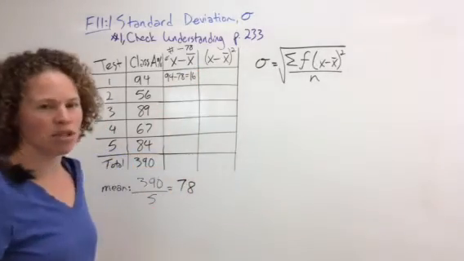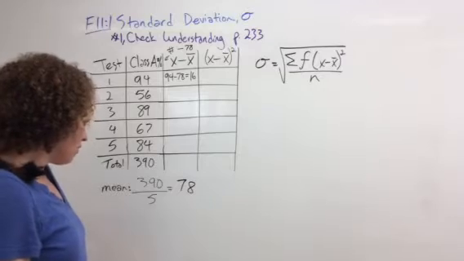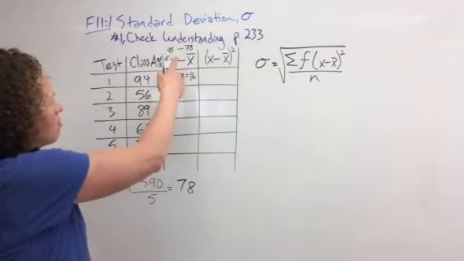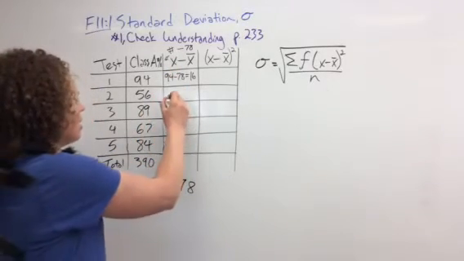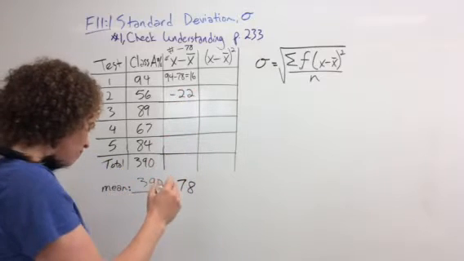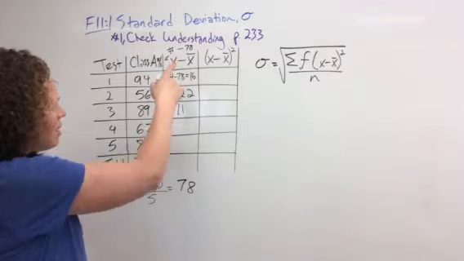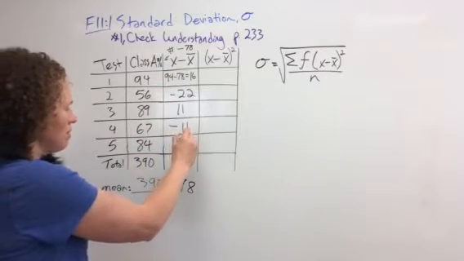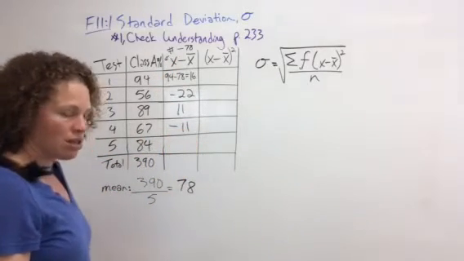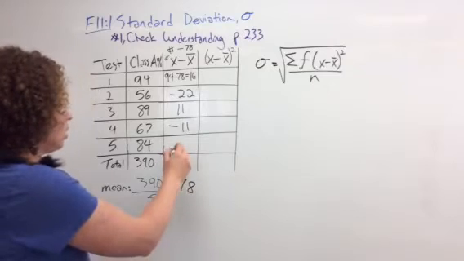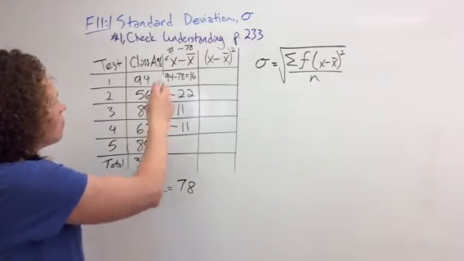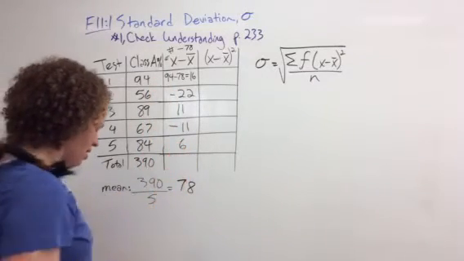The rest I'm just going to fill in. 56 minus 78 is negative 22. 89 minus 78 is 11. 67 minus 78 is negative 11. You can check these to make sure I'm right. 84 minus 78 is just 6.